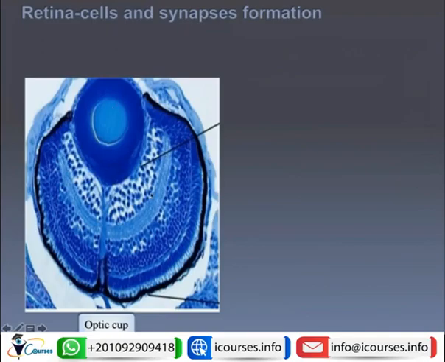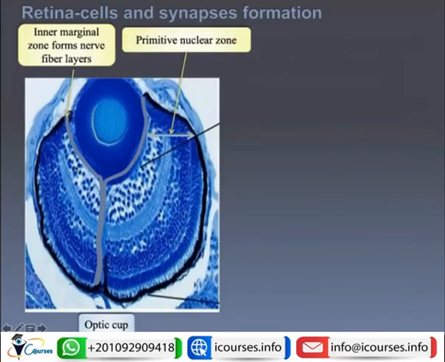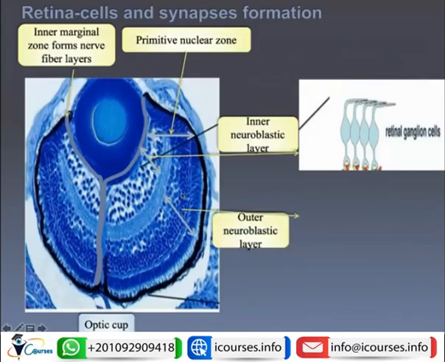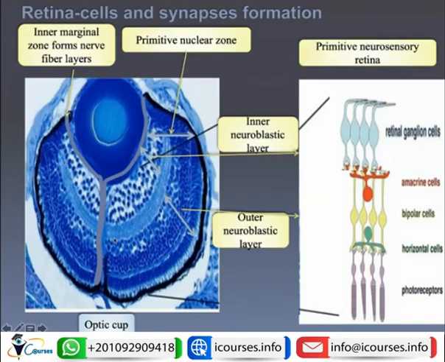So here is the developing optic vesicle. Here is the optic cup, and this is the inner marginal zone forming the nerve fiber layer, and this is the outer marginal zone or the primitive nuclear zone, which is located outer, that has an inner neuroplastic layer forming the ganglion cell layer and the outer neuroplastic layer forming the photoreceptors, and further differentiating into other nucleated cells like bipolar, amacrine, horizontal cells, but separated between both of them by the transient layer of Chievitz, which will form the inner plexiform layer.